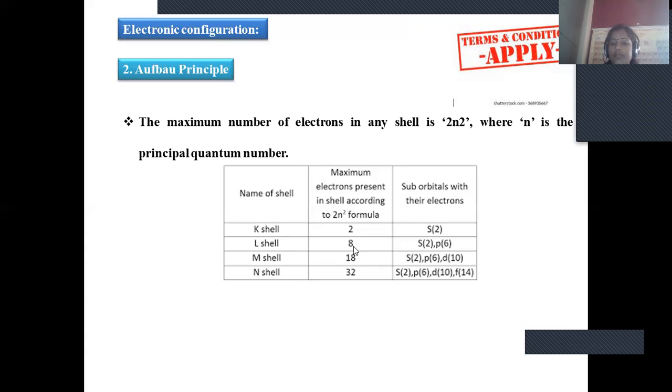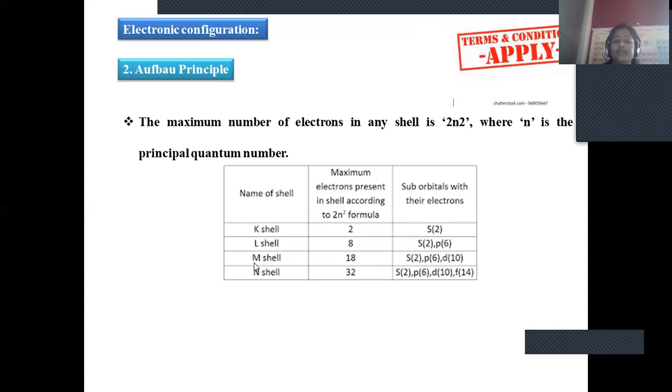These 8 electrons are distributed such that the s orbital has 2 electrons and the p orbital has 6, so a total of 8 electrons are possible. So for the L shell, that means 2s2, 2p6. This is the maximum possibility of distribution in the different subshells. This is the main shell occupancy, and these are the subshell occupancies of electrons.